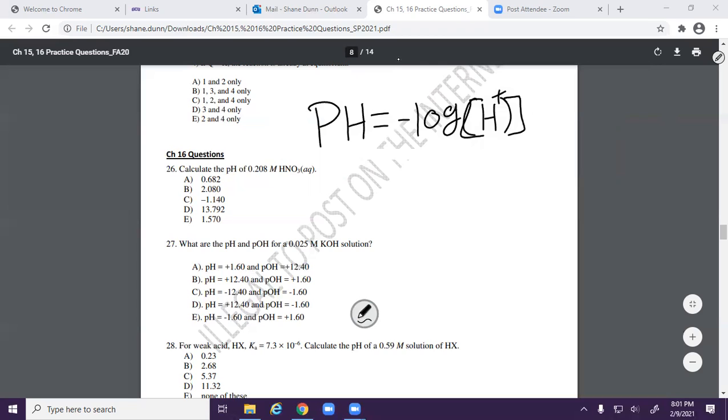There are 7 strong acids you need to memorize. And guess what? Do you know your 7 strong acids? Guess what you don't need to memorize? Any weak acids. Your strong acids are HClO4, HCl, HBr, HI, and we have H2SO4 and HNO3.